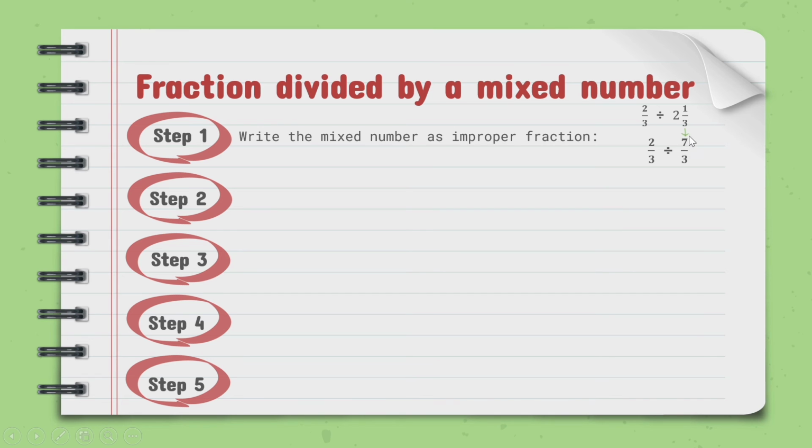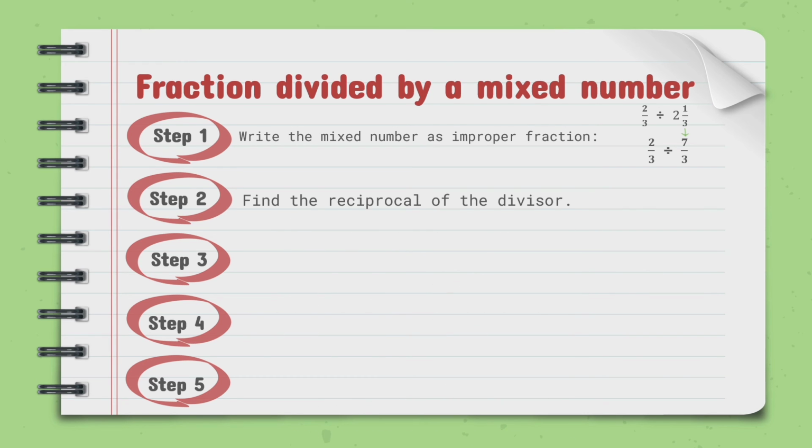So that's why it's 7 here. Again, 3 times 2, 6 plus 1, 7. And copy the denominator. Alright, so now we have 2 over 3 divided by 7 over 3.